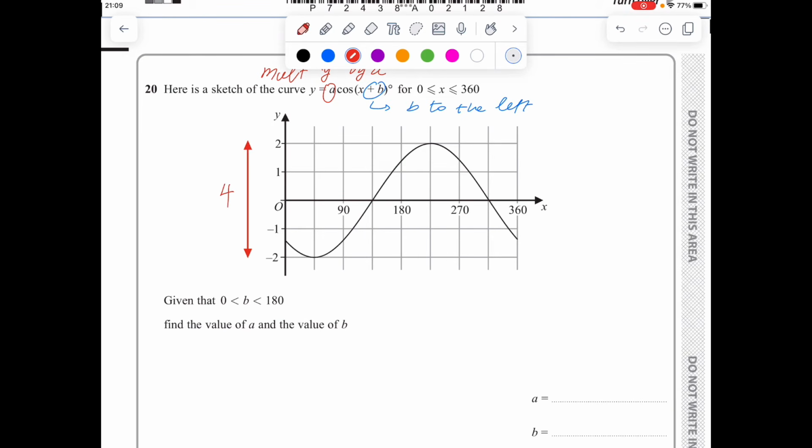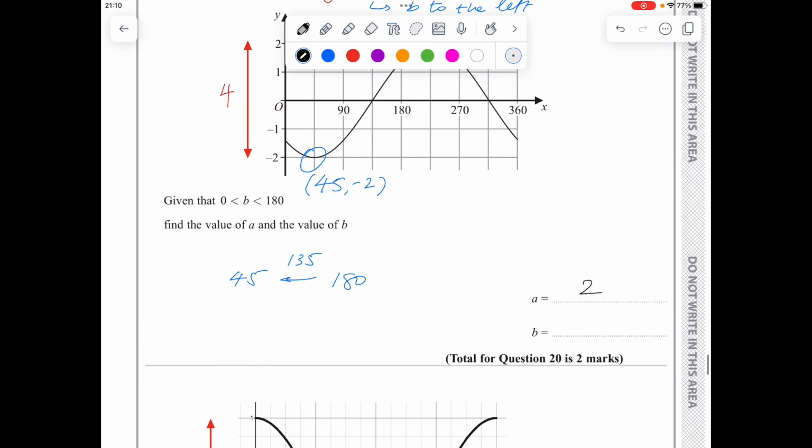Hence, the graph has been multiplied by 2, which implies that a is 2. Furthermore, the minimum point is now at (45, -2). So it has moved from 180 to 45, and this movement is 135 to the left. Hence, b is equal to 135.